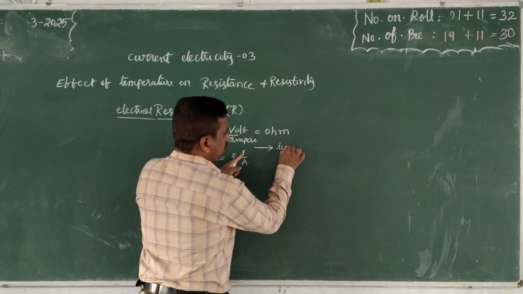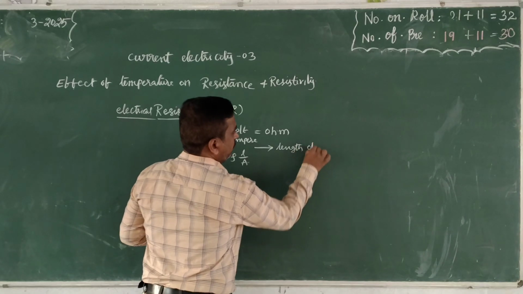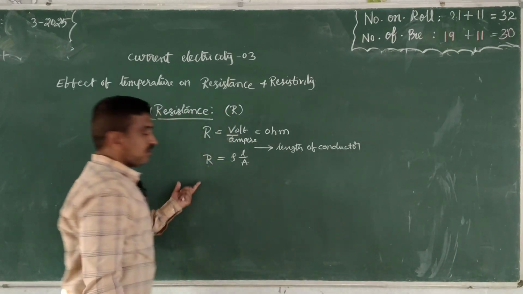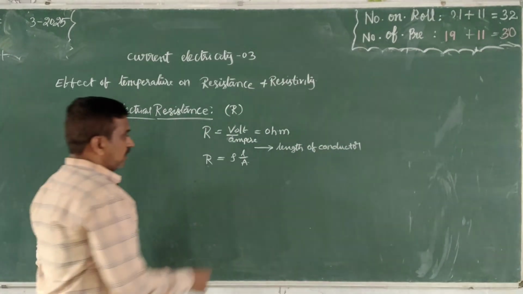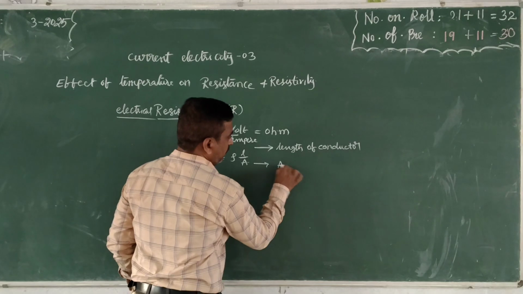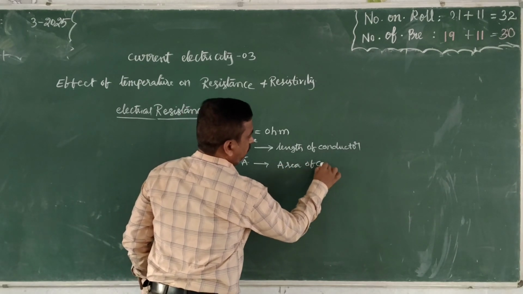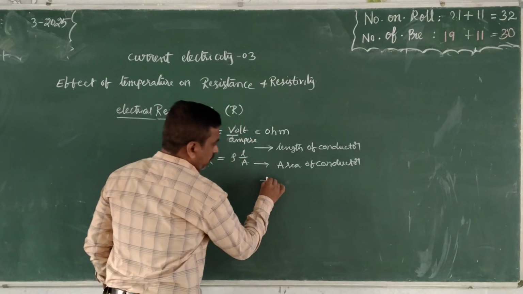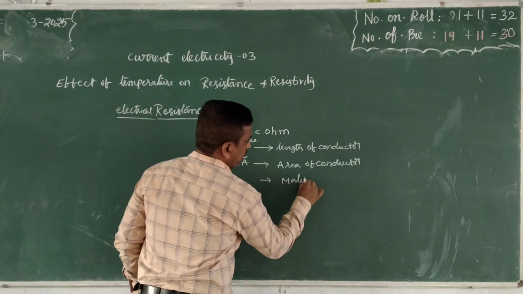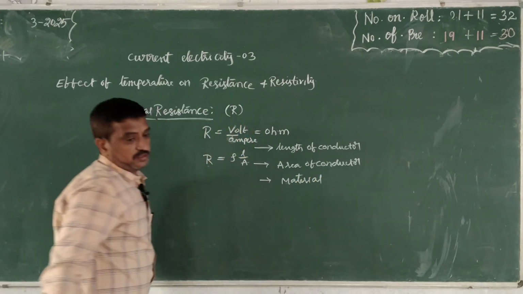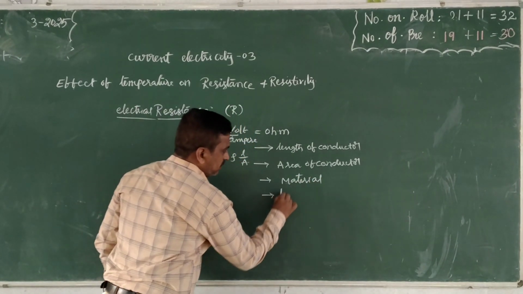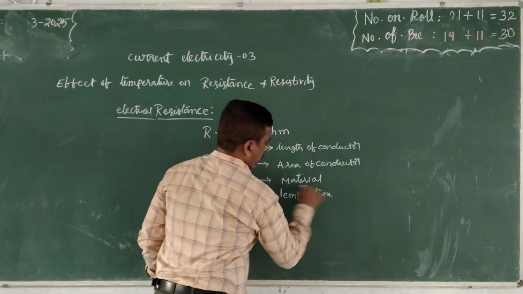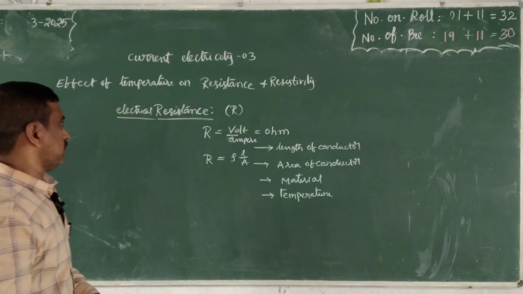Length of the conductor: if length changes, its resistance changes. And A, area of the conductor. And if the material changes, its resistance changes. And if temperature changes, its resistance also changes. That is the main concept.